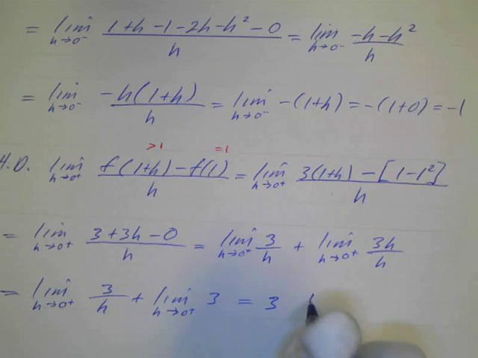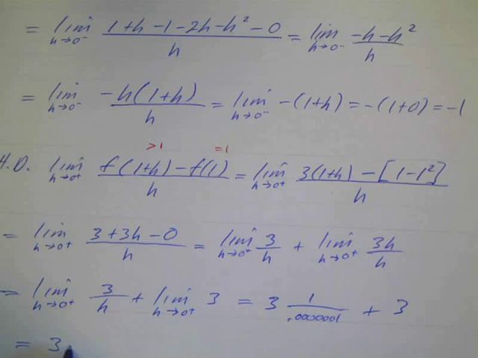So this is going to be equal to 3 times 1 over a very, very, very small number, because h is approaching 0 from the positive direction, so a very, very small positive number. And this limit is 3. And 1 over very small numbers is going to be infinity.